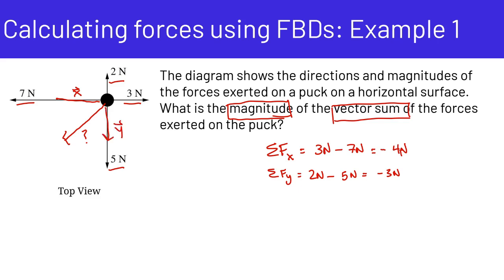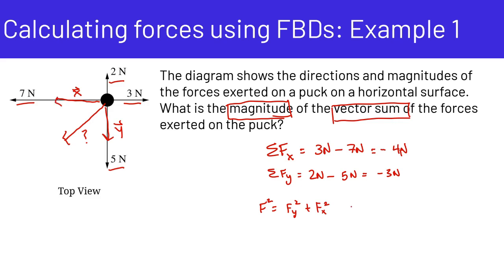So we are going to do the vector sum. So the vector sum, remember, is, so we say F squared is equal to Fy squared plus Fx squared, because we're talking about the Pythagorean theorem here.